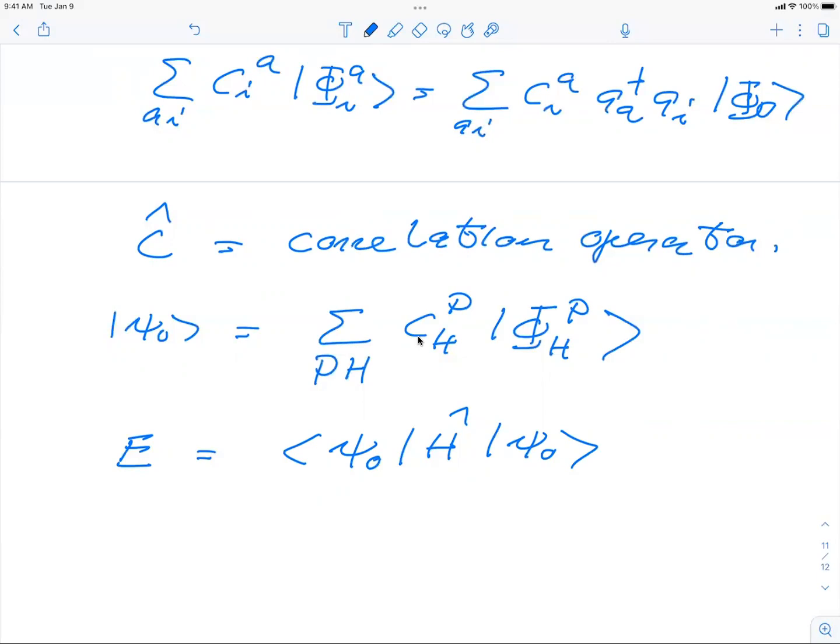Which means again that we can rewrite this in terms of a sum over P H and P' H' like that. We're going to have a coefficient C_HP, complex conjugate, and then a coefficient C_H'P'.